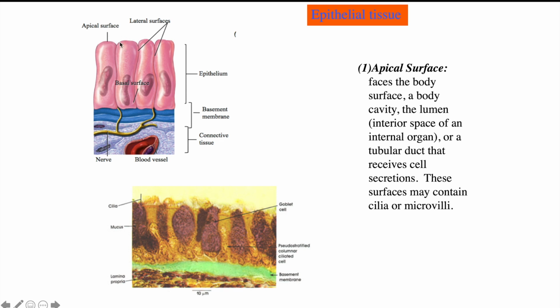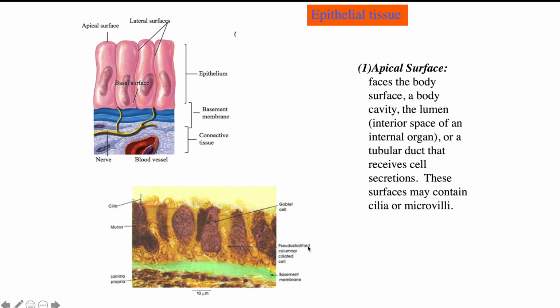So the apical surface is the free surface, the surface that has something on top of it, right? And that's going to vary significantly as to what the function of the apical surface is, depending on the location in the body.